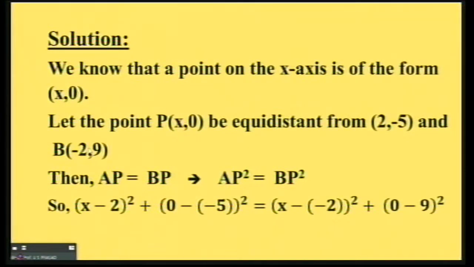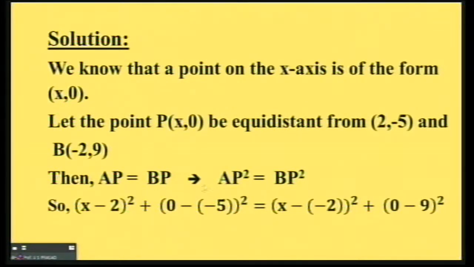If these two distances are equal, then we have to see what is the coordinate of that point. That's the way we are writing. Therefore, since this point is equidistant, I can take it as AP is equal to BP. So if we take the square, AP square is equal to BP square.